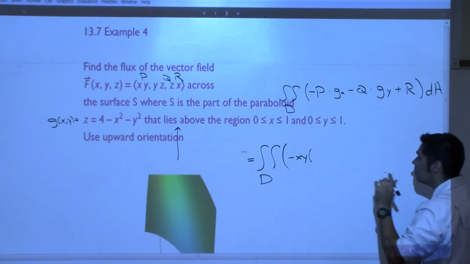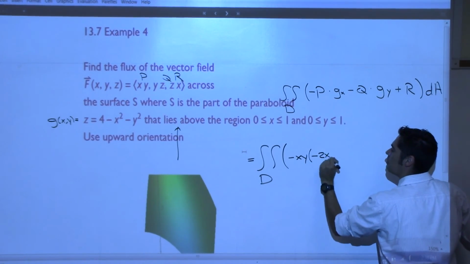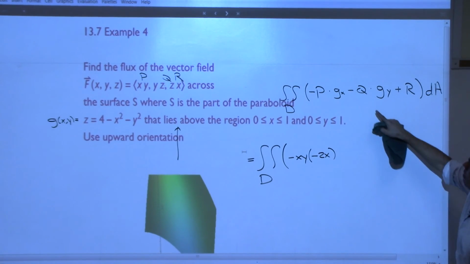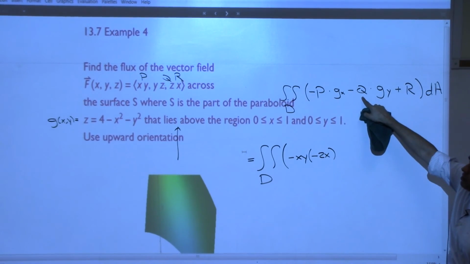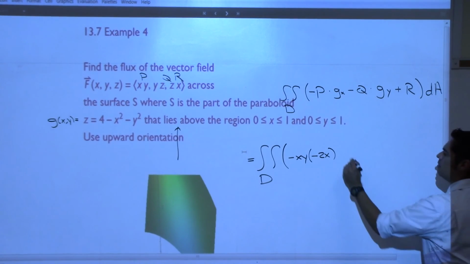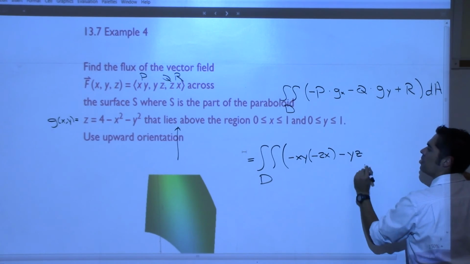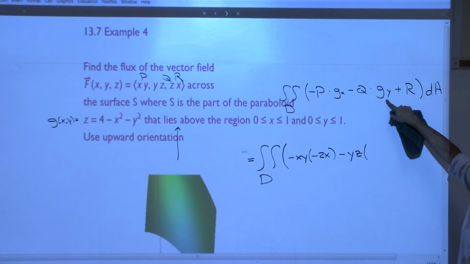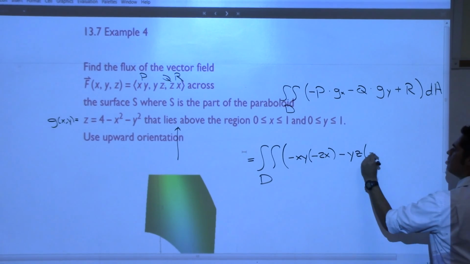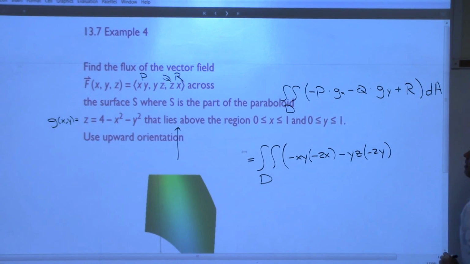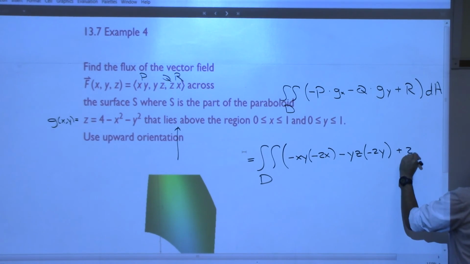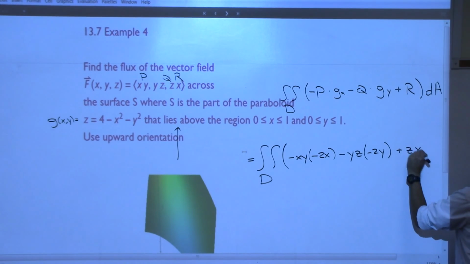Negative 2x. Okay. Now, negative Q, what's negative Q? Negative yz times partial of g with respect to y, negative 2y, and then plus R, plus zx. Got it? dA.